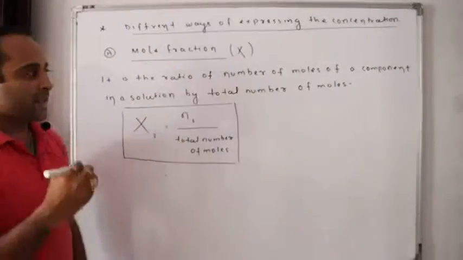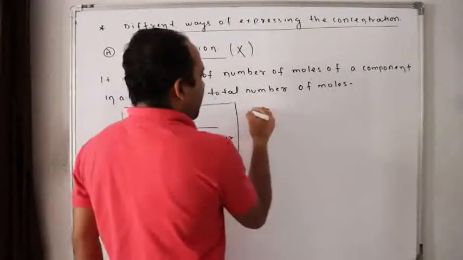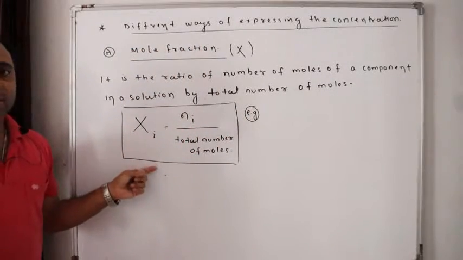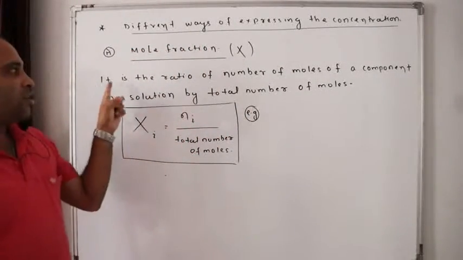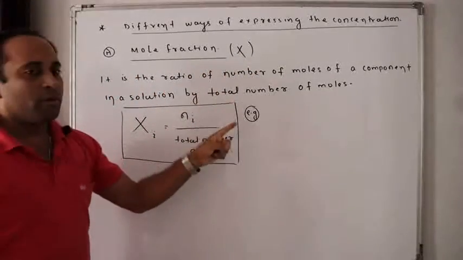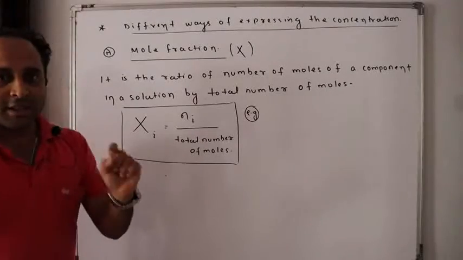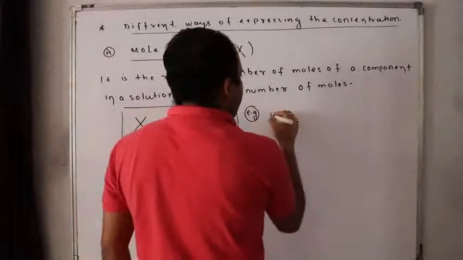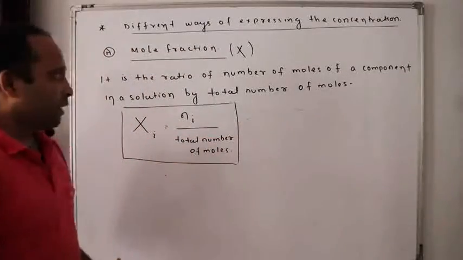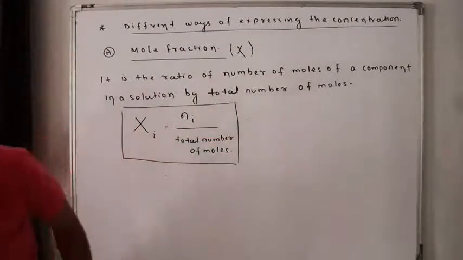Okay. Example. Without example, how can you understand better? Pause the video and copy this. It is the ratio of the number of moles of a component in a solution by total number of moles. I want the entire board to be with me.